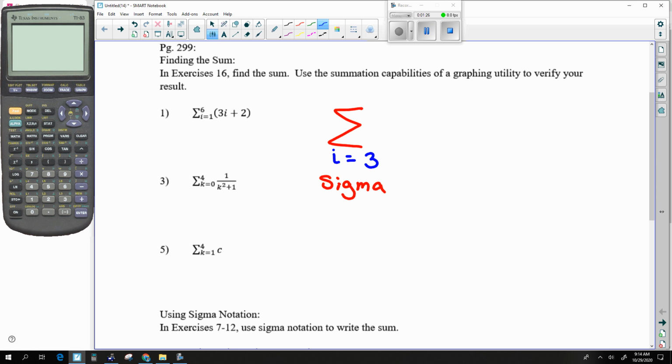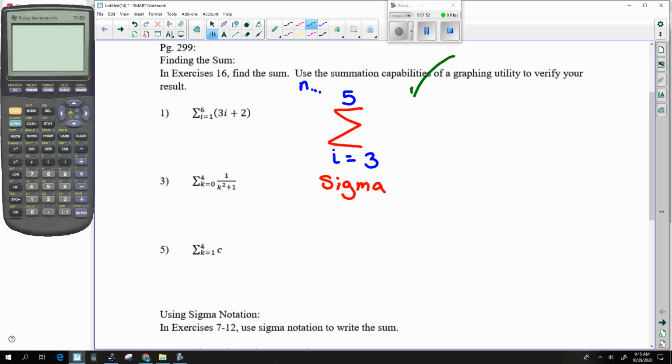They'll start you off at an integer. And then they'll give you some stopping point up here, usually the letter n, like the number 5 or something like that. Okay, and so what this means is this.